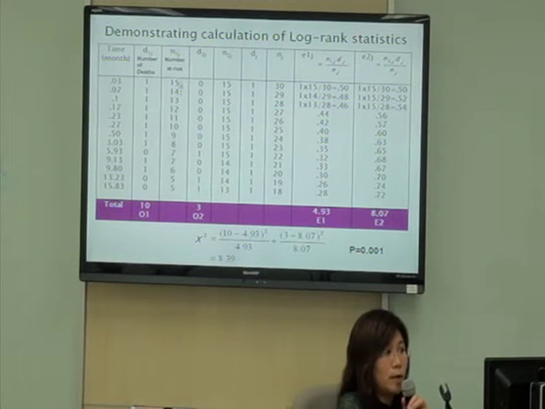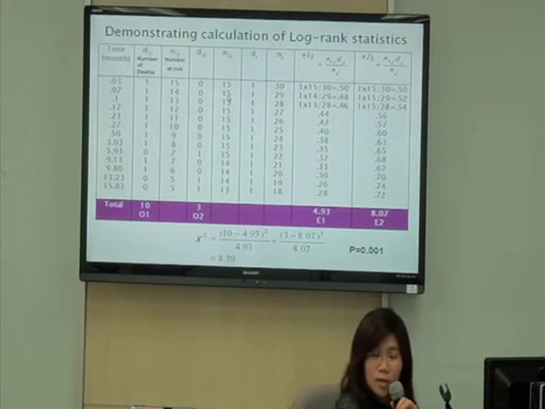In group 1, because you have a death, the number at risk is reduced to 14. But in group 2, you don't have a death, so the number is still 50. So that's why when you calculate them all and sum together, we will get a different number.